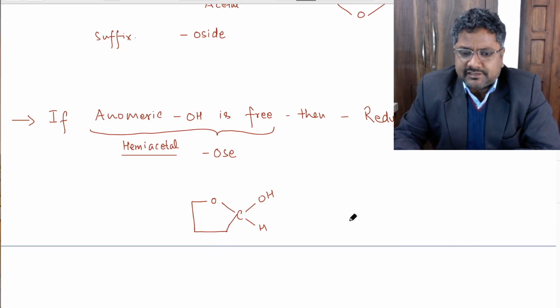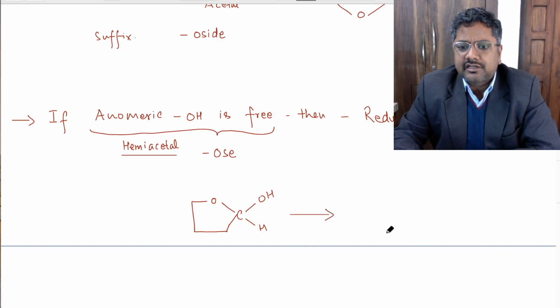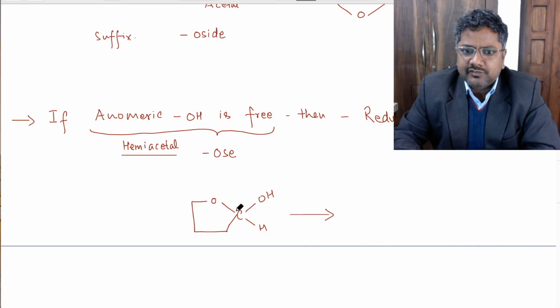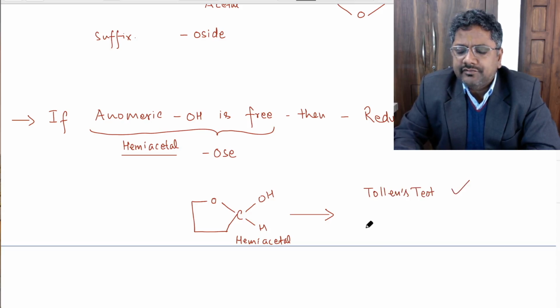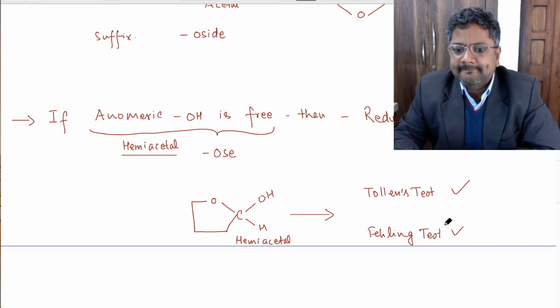And it is asked, tell whether this will reduce Tollens or Fehling reagent, whether it gives Tollens test or Fehling test or not. So identify: this is an ether linkage, this is an alcoholic linkage, so this is a hemiacetal. And if it is a hemiacetal, then Tollens test positive, Fehling test positive, right?